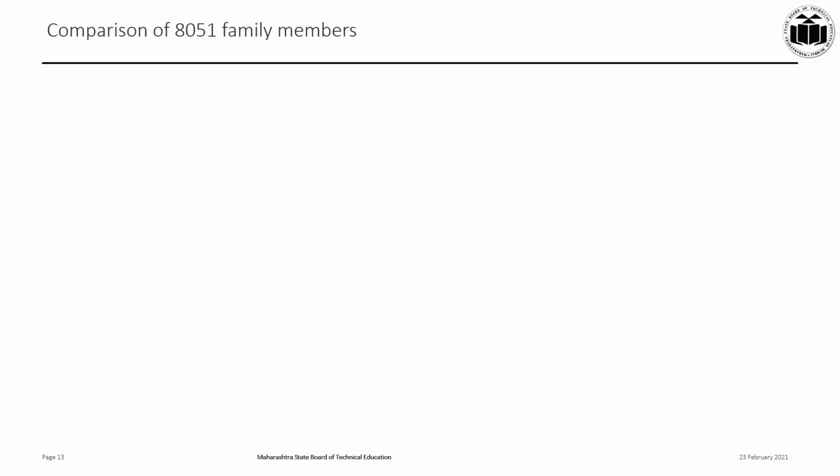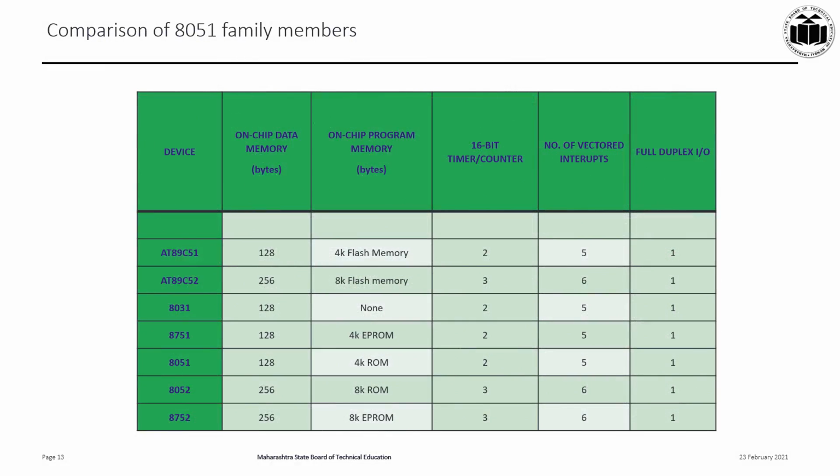Let's compare the 8051 family members. First of all, we can see that the AT89C51 has 128 bytes of on-chip data memory, whereas the AT89C52 has double the on-chip data memory, which is 256. The 8031 again has the same on-chip data memory as the 8051, which is 128.